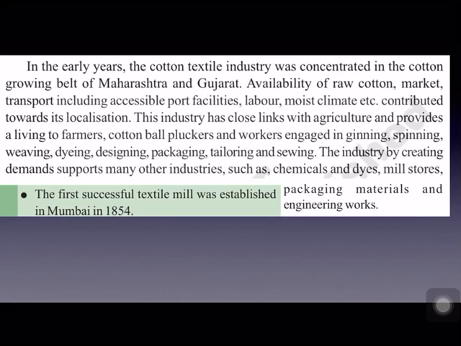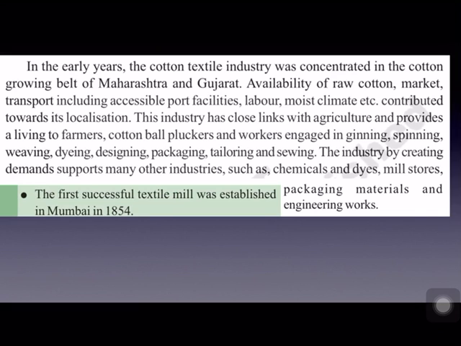Now, in the early years, the cotton textile industry was concentrated in the cotton growing belt of Maharashtra. This cotton industry is mainly concentrated in Maharashtra and Gujarat. Now let us see the reasons for this concentration. Maharashtra and Gujarat have black cotton soils.